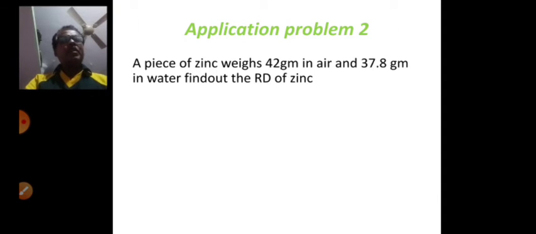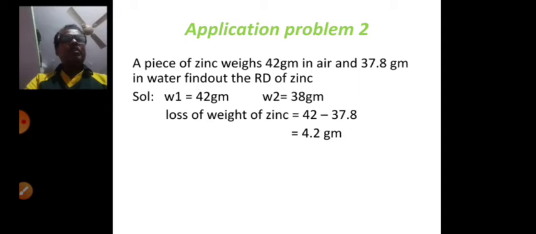The second application problem says that a piece of zinc weighs 42 gram in air and 37.8 gram in water. Find the RD, relative density, of zinc. Solution. We know that W1 is 42, the weight of zinc in air is 42 grams, and W2 is 37.8, the weight of zinc in water is 37.8 grams.